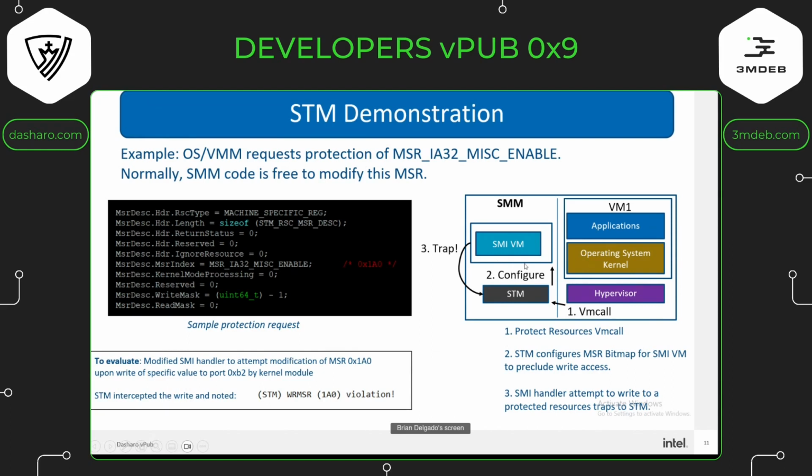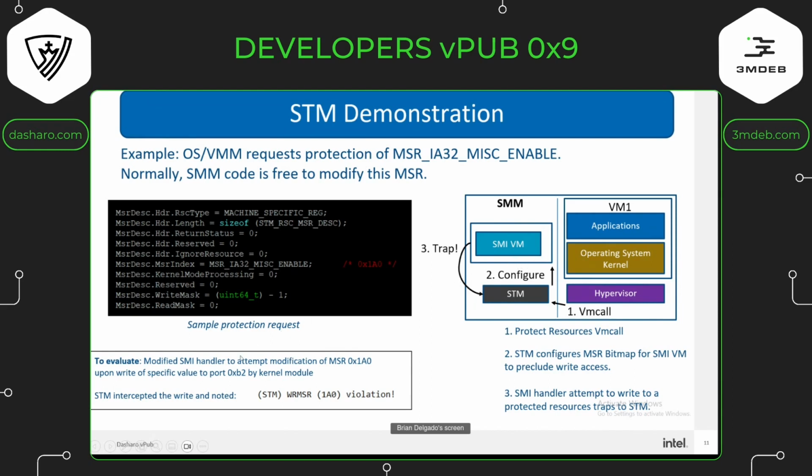From now on, anytime that VM tries to touch that particular MSR, it will cause a trap down to the STM. That is a mechanism to keep that SMI code from being able to, in this case, improperly access a resource that was not granted to it via the policy.